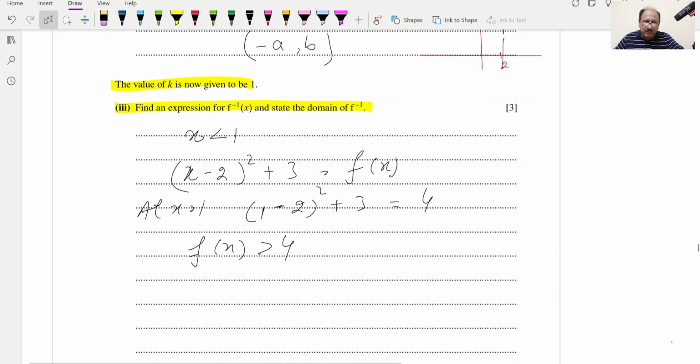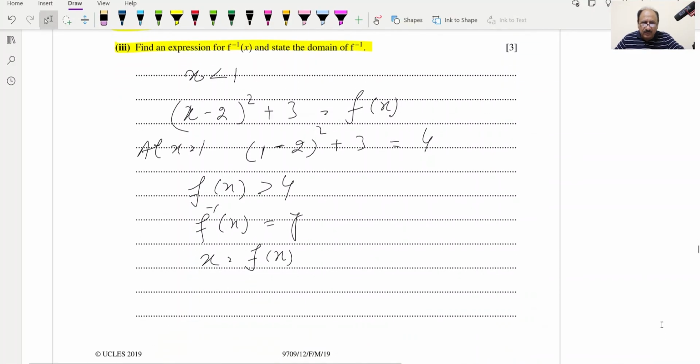And f inverse of x equal to y, we know f of x is equal to y minus 2 squared plus 3. Now we can make y the subject.